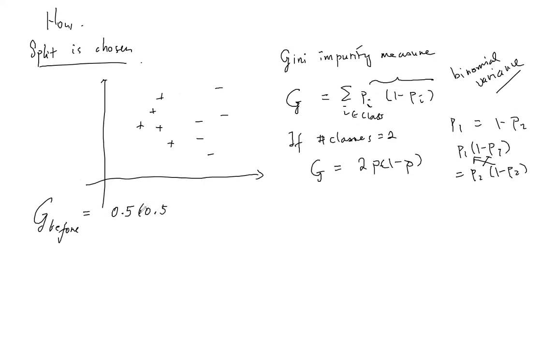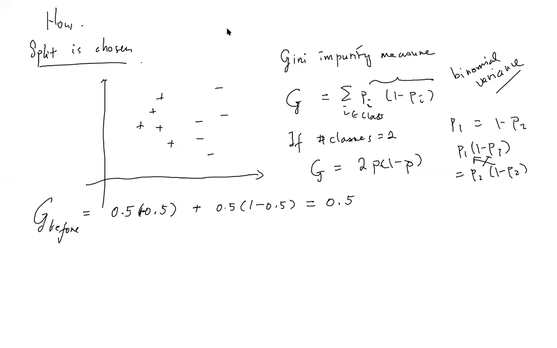We look at the plus first: the proportion is 0.5, multiplied by 1 minus 0.5. Then you add the minus: proportion 0.5 multiplied by 1 minus 0.5. So basically you get 0.5. This is before you make any splits.